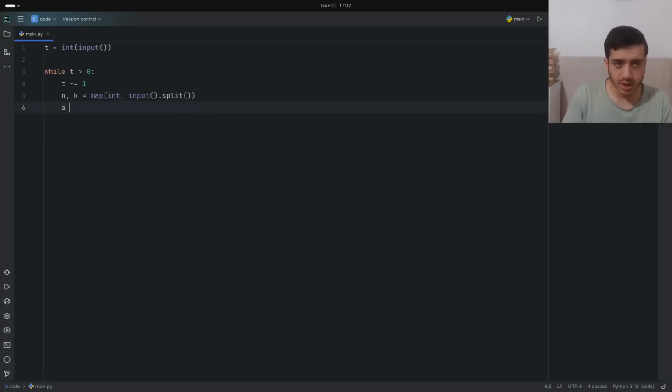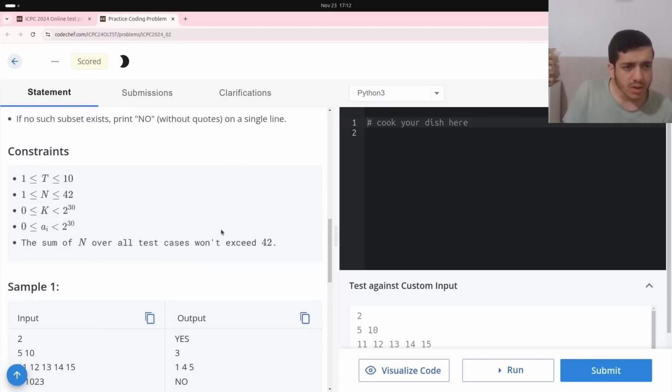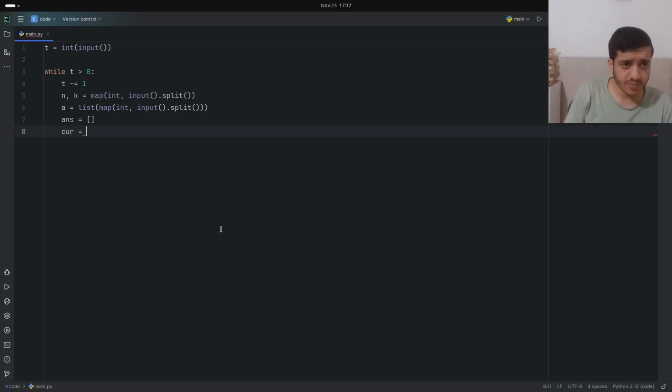Okay, and k, a is like this, and finally ans is like this, and current is like this.